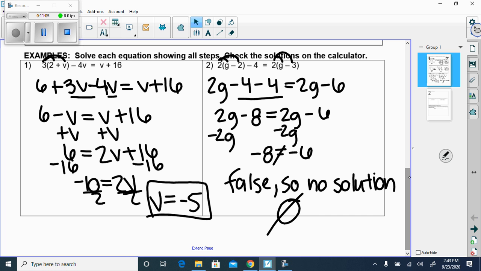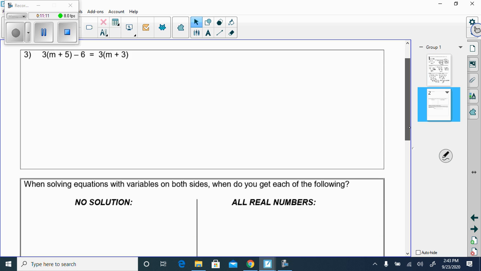All right, let's flip it over on the back. Okay. All right, so on number 3, what do I do first? Distribute. So I'll have 3m plus, right, got to bring down the minus 6.